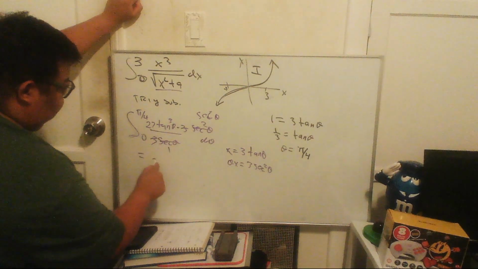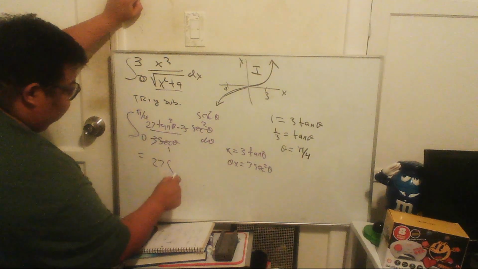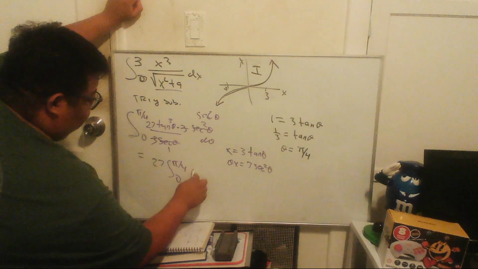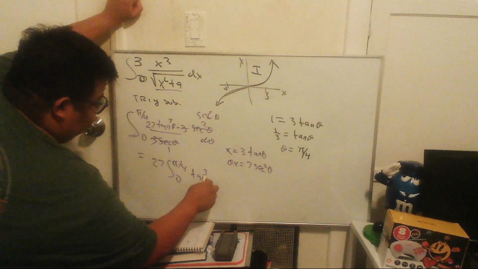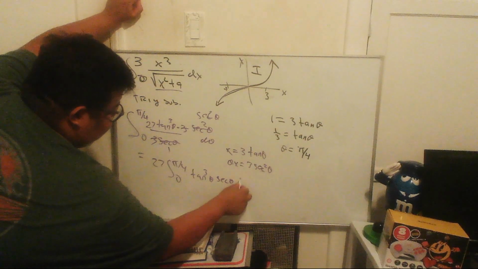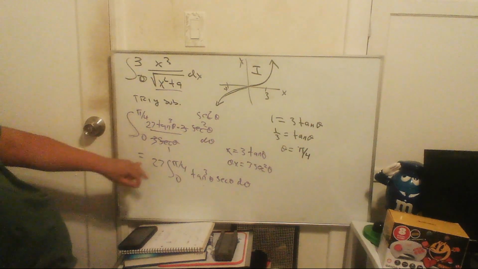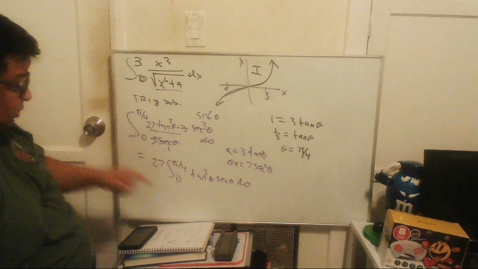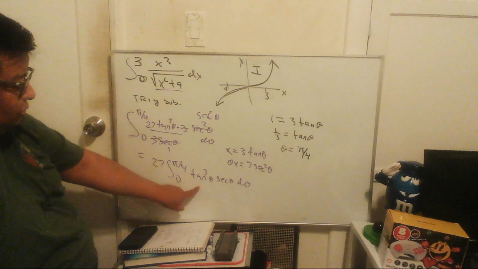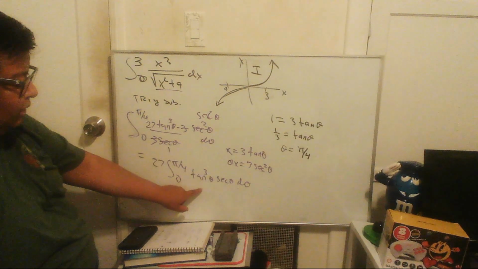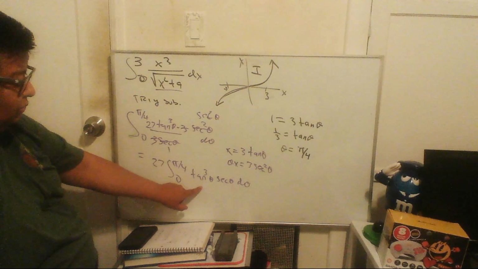Now the 27 we pull out, so that would be 0 to pi over 4, and then it becomes tangent cube theta secant theta d theta. So this is what we need to solve, and you can do this using substitution, integration by parts or something, or trig identity substitution. This is more likely to be done with trig identity substitution.